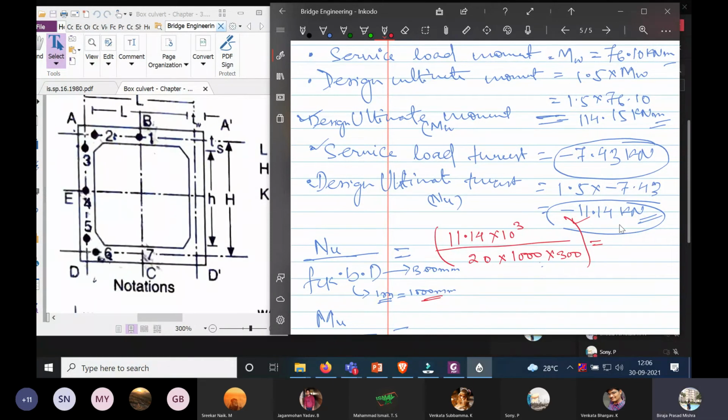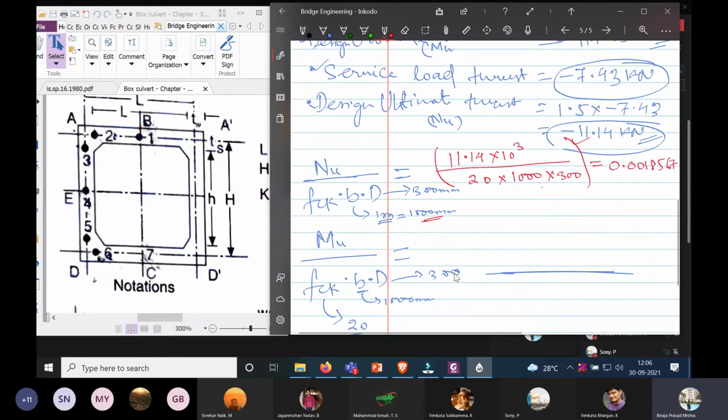So if that is the case, then what is the value? At least calculate and tell. It is 0.0018567.